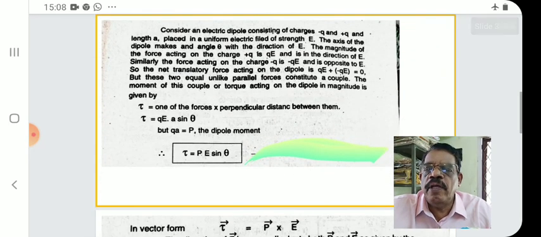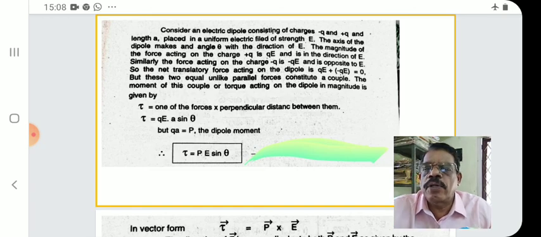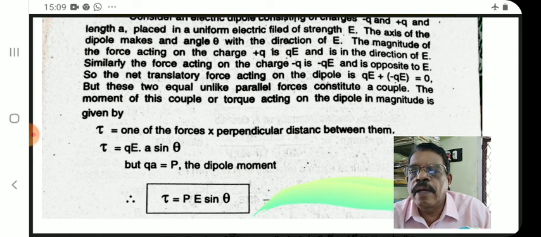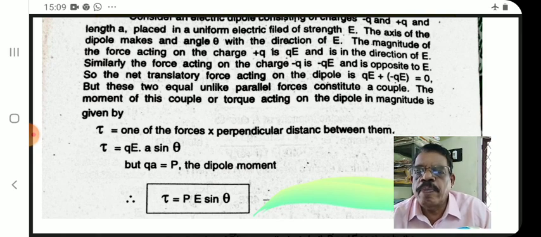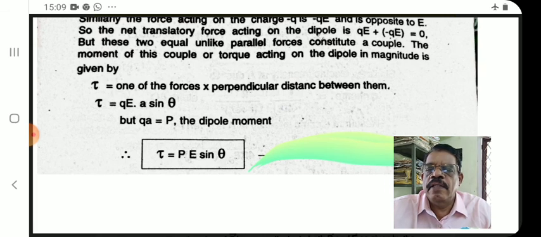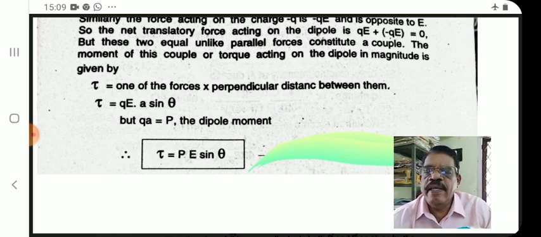So we put that here. On putting it here, we get tau is equal to QE into A sin theta. But QE into A is equal to P, the dipole moment. So torque is equal to PE sin theta. This is the torque on an electric dipole placed in a field of intensity E inclined at an angle theta to the field direction.